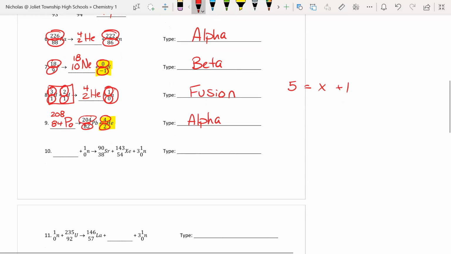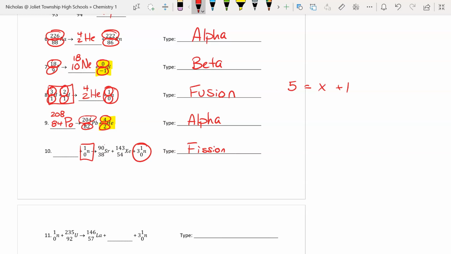All right. Number 10, we have a neutron on the left side of the equation, so most likely this is going to be fission. You also see that we've got 3 neutrons being kicked out, which is also common with fission. So in this case, it's just a matter of making sure that everything balances.